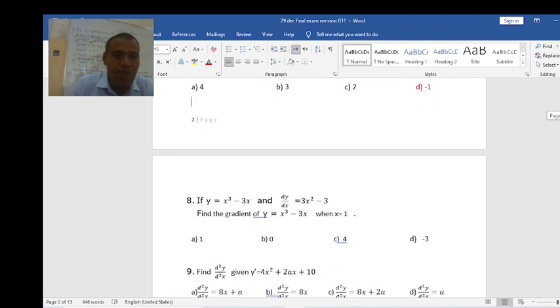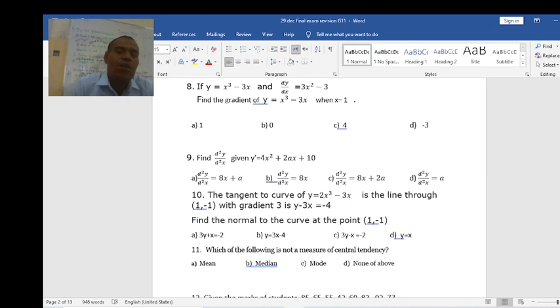For the next question, 8, if y equals x cubed minus 3x and the first derivative, or the derived function, is equal to 3x squared minus 3, find the gradient of y, which is x cubed minus 3x, when x equals 1. Just substitute here, learners.